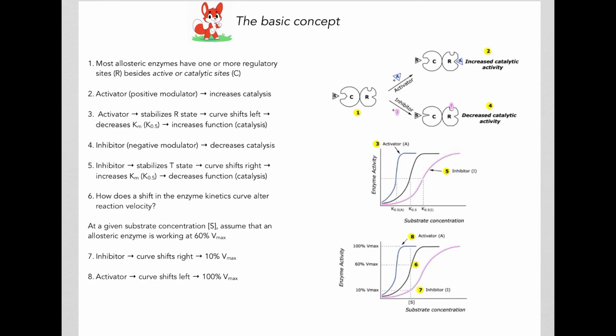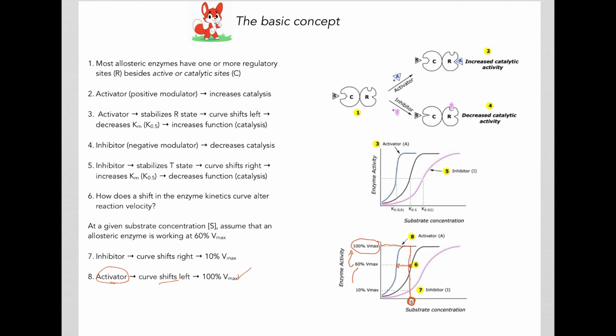In the presence of the activator, the curve will shift to the left. So here now we will shift the curve to the left. We look at this blue curve, go back to the same substrate concentration as before, and if we extrapolate it in this diagram, we see now the enzyme is working at 100% Vmax. So from 60% Vmax, in the presence of activator it is now working at 100% Vmax.